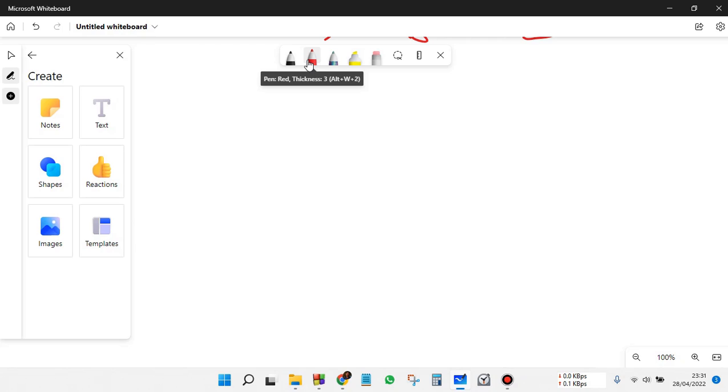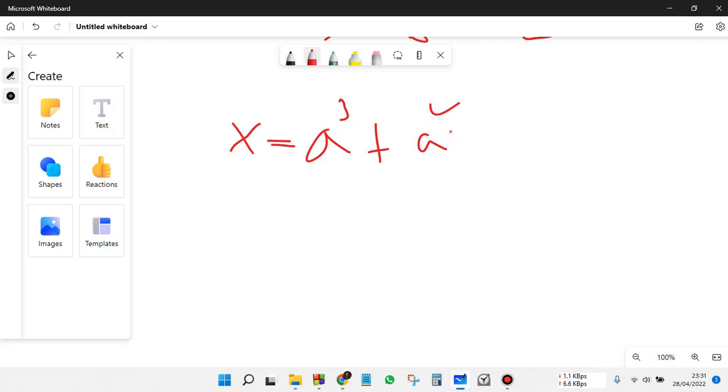After some discussion we can find the function again: a cube plus a squared b plus a b squared plus b cube.